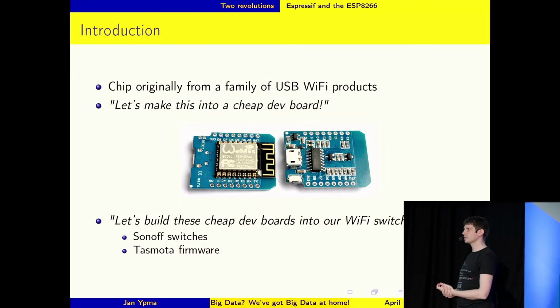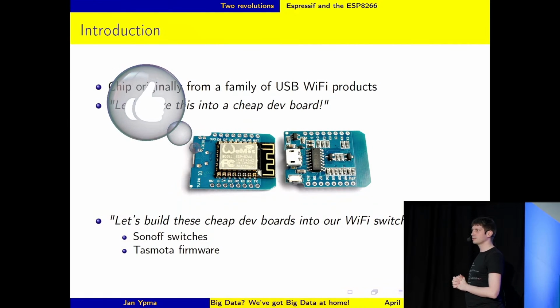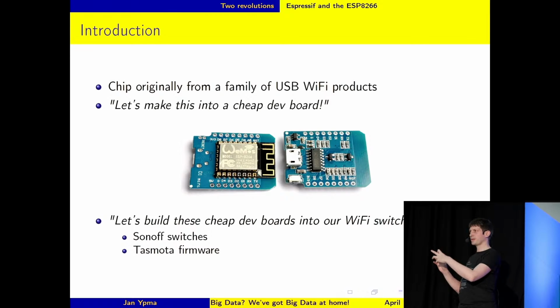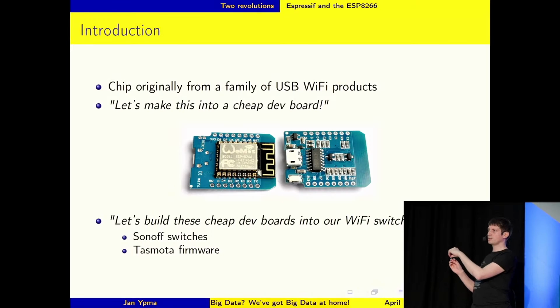Another development around the same time was the ESP8266, which has an interesting background. For those of you that don't know it, it's a microcontroller with a Wi-Fi chip on board, so you can hook it up to a Wi-Fi network, but it's also incredibly cheap.